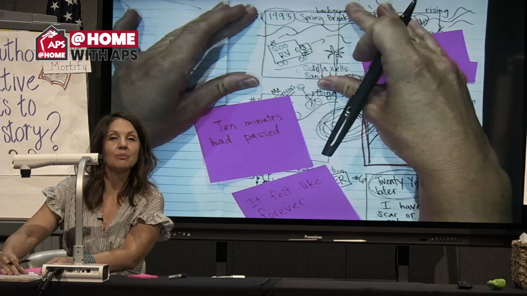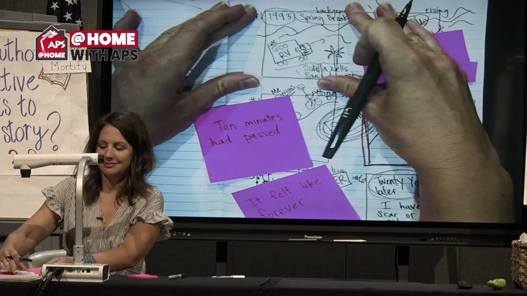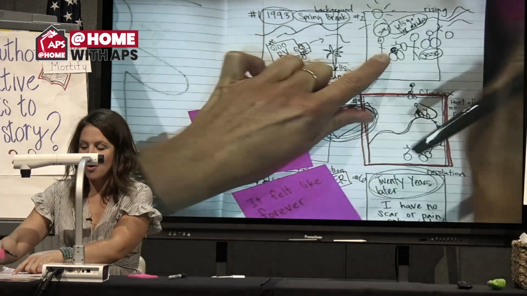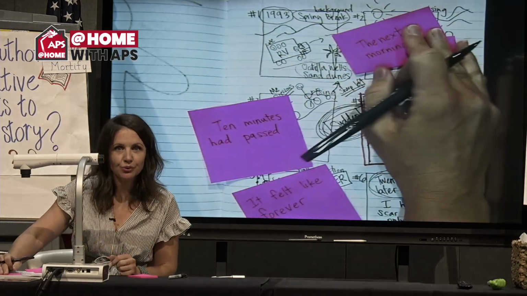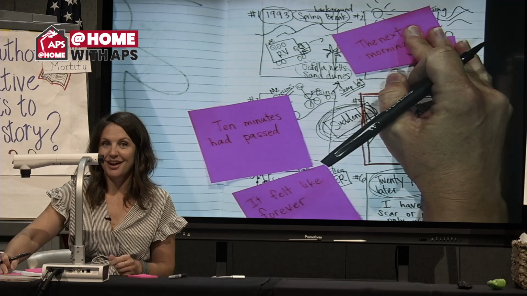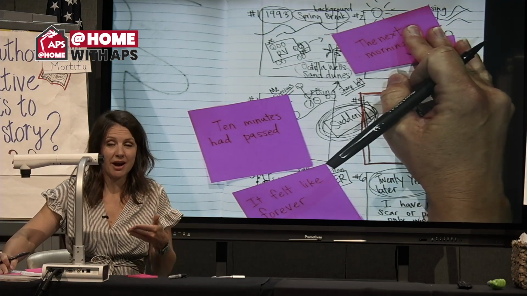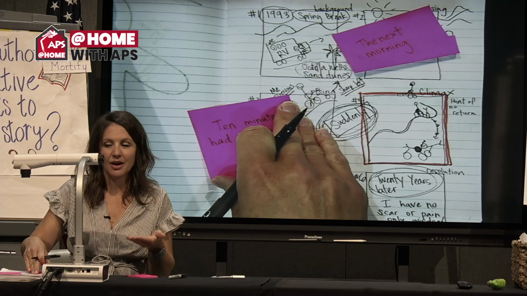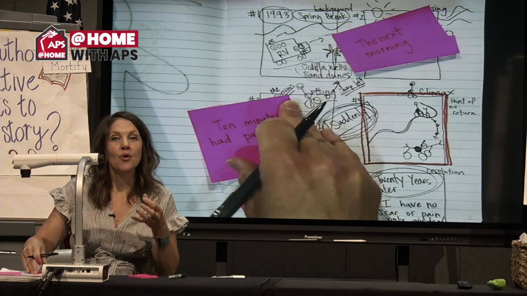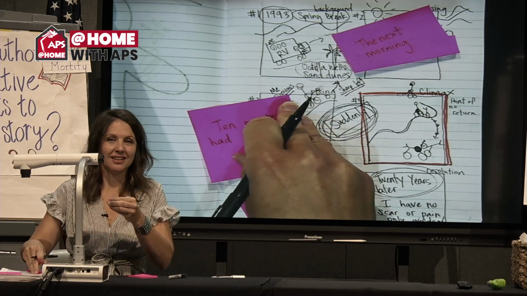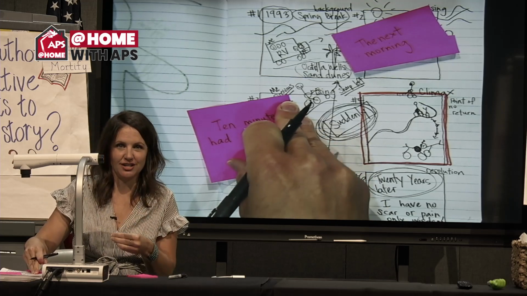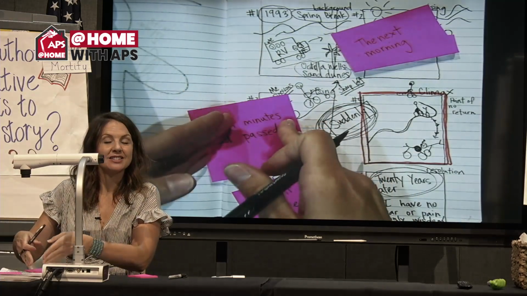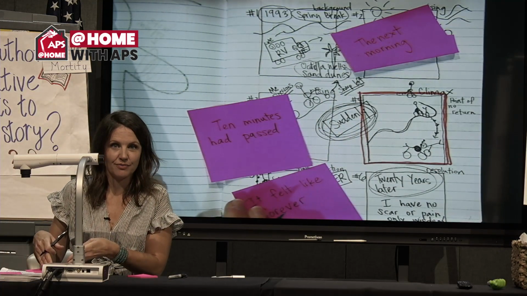That's going to be its own paragraph. Then I'm going to start a new paragraph when I start scene 2. I'll start another new paragraph when I start scene 3. Writers, when the time changes, the paragraph changes. Each of these represents one paragraph.